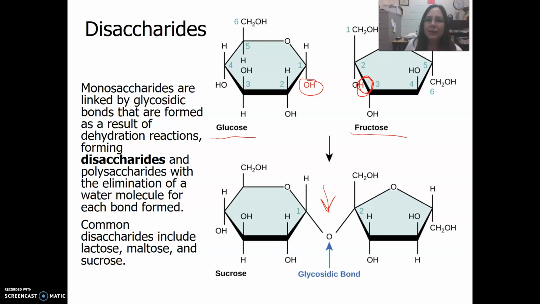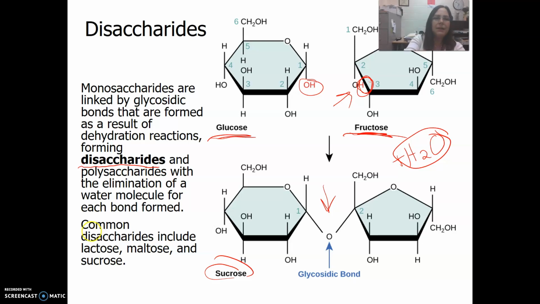And they bond together at the oxygen that's left, and that is called a glycosidic bond. And what is produced as a byproduct is water. So really the chemical reaction that forms the disaccharide sucrose is glucose plus fructose forms sucrose plus water.